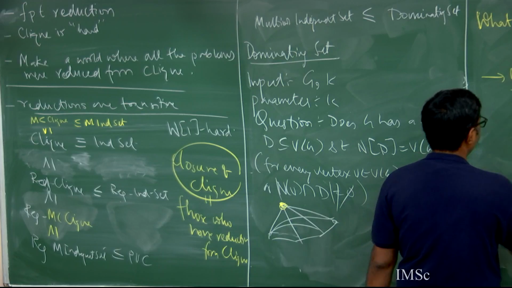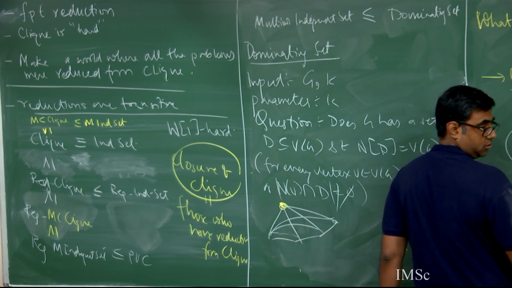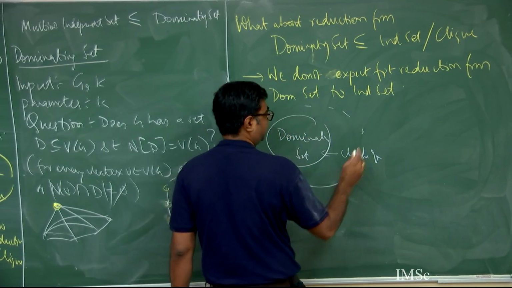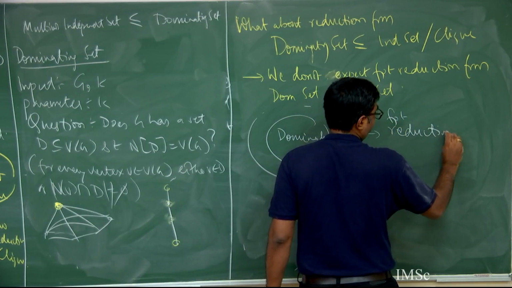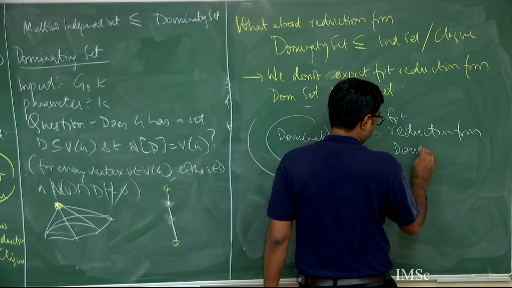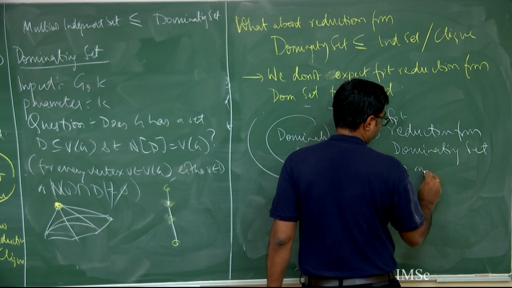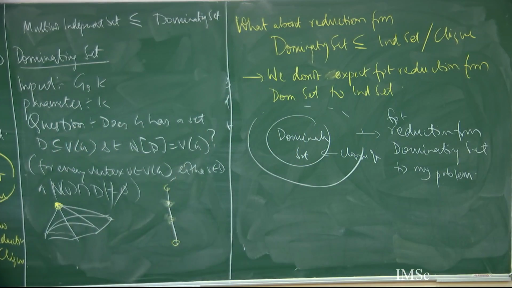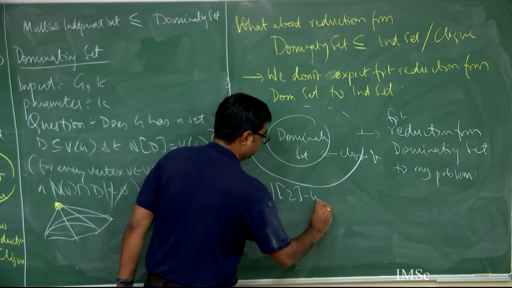There is a notion of closure: here is my dominating set, and the closure of dominating set basically means an FPT reduction from dominating set to my problem, okay? All these are a simplified version of the notion, but that is good enough for us to do whatever task we are interested in, and these are called W2 hard, right?